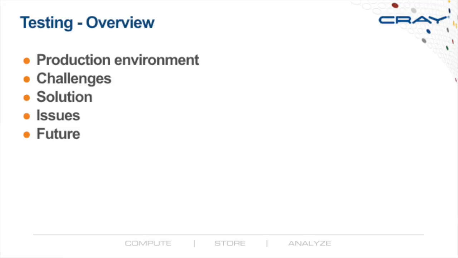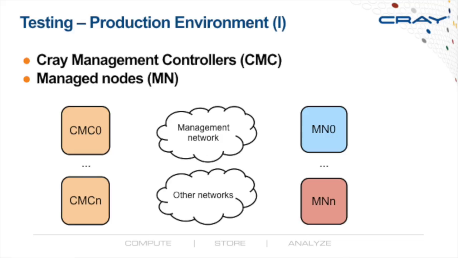So, very simplified, of course, but at a very high level, what we have is a small cluster of management nodes, which we've termed Cray management controllers, CMCs. We've got a set of managed nodes, which, as you can tell from their different colorings, may be of different types.